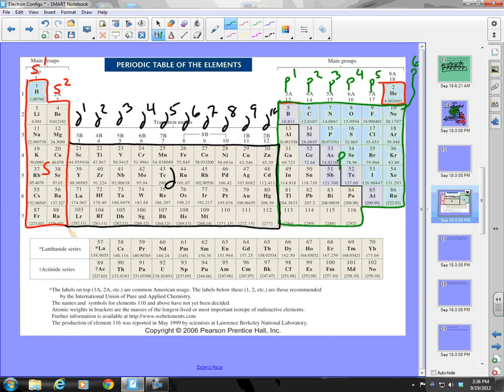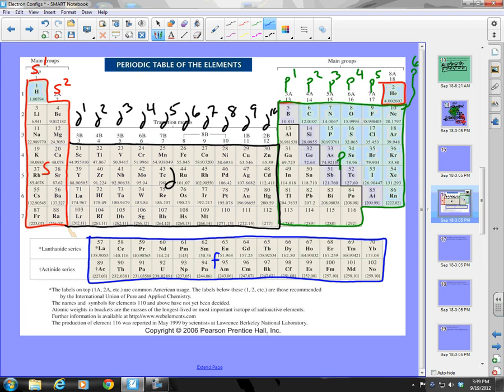Good. And finally, what color do I have left? Blue. Put a big block around these bottom 14 columns, and we're going to put an F in the middle of that, and this is our F block, and we'll go from F1 all the way to F14.